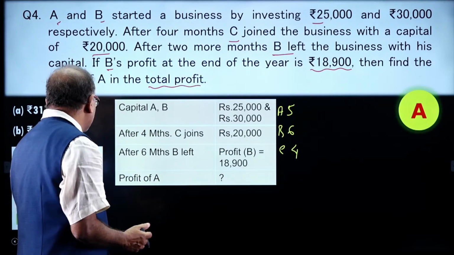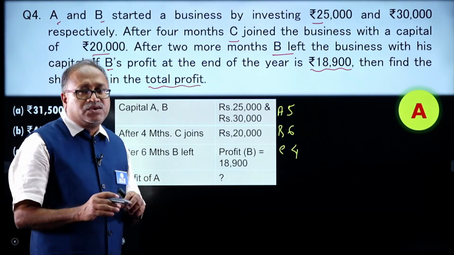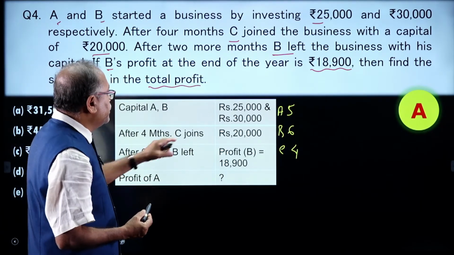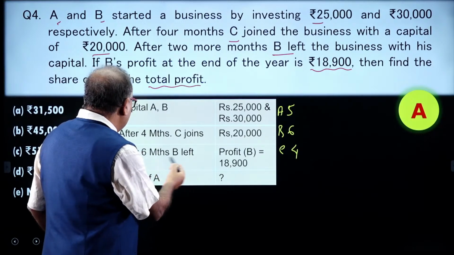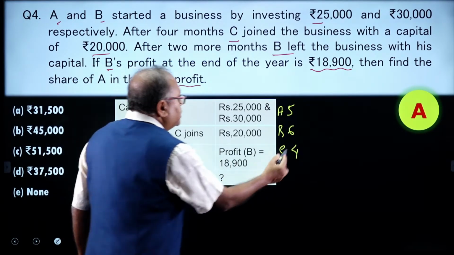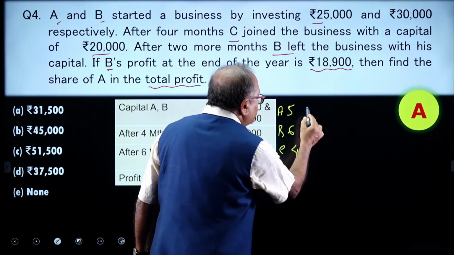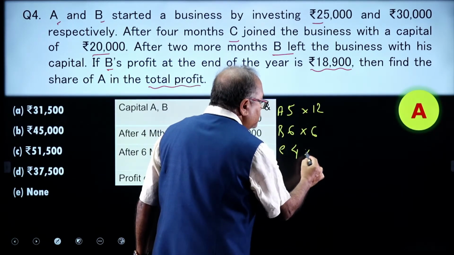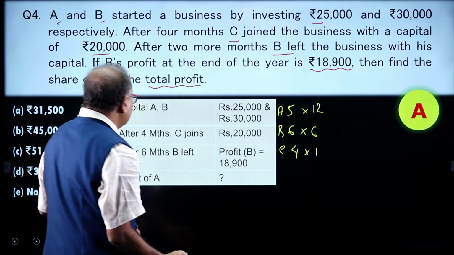Almost all the candidates who seriously prepared do this question. So coming to this part, after 6 months, B left. So B is there only for 6 months, so this is 12 and this is how many months?